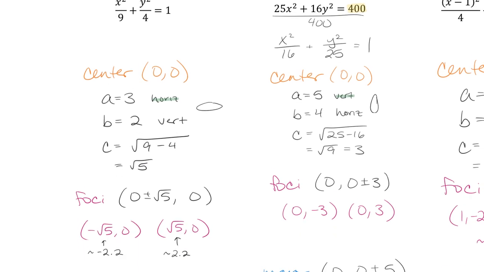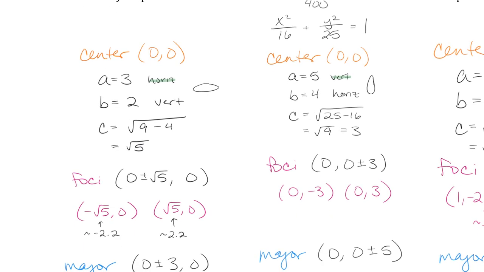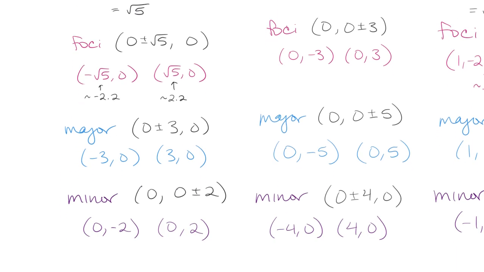After you found the a, b, and c, which is a and b from the equation, c from the not Pythagorean theorem, you found these three coordinate points, the foci, the major, and the minor vertices. Do we understand the concept that I was trying to get you to do here? That each of these starts with the center, 0, 0, 0, 0, 0, 0.